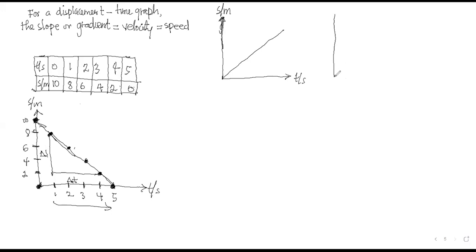If you have a displacement against time graph, but this time, class, the graph is just a straight horizontal line. What does this graph actually mean?